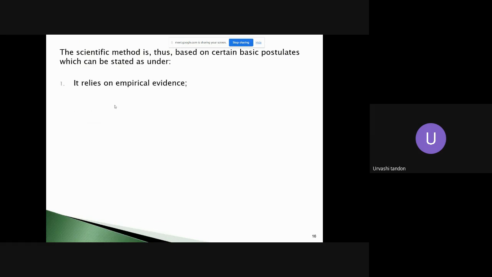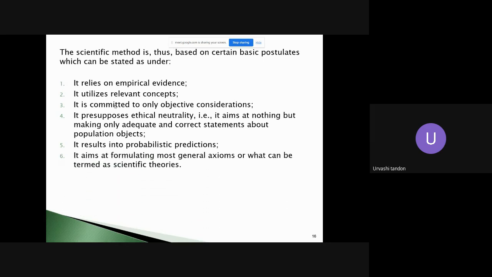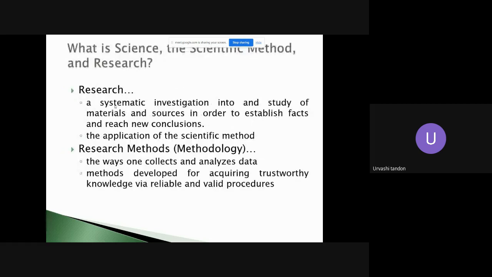First of all, it relies on empirical evidence. It utilizes the concepts which are laid in the theory. It is committed to objective considerations and ethical neutrality, aims at making adequate and correct statements, results in probabilistic predictions, and aims at formulating general axioms, right?